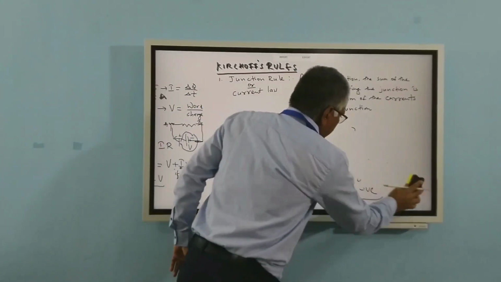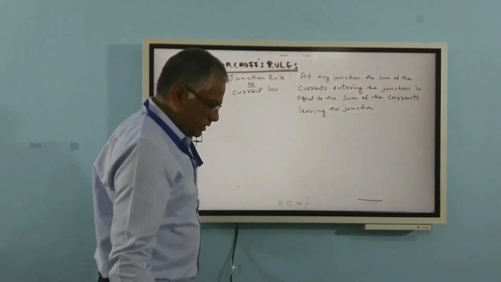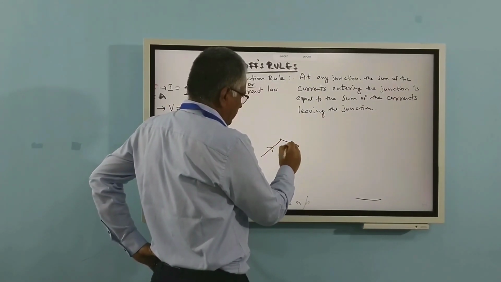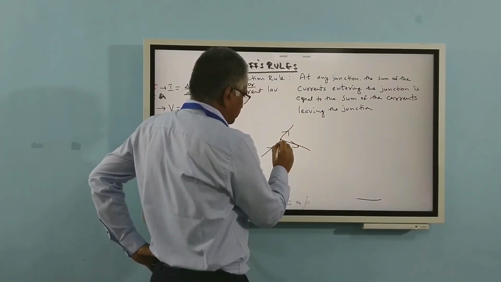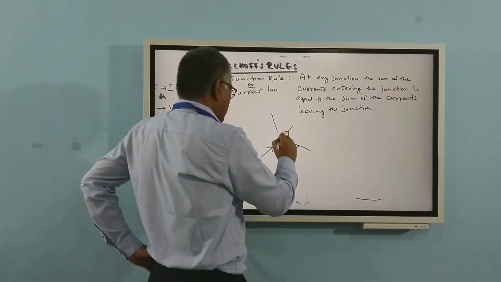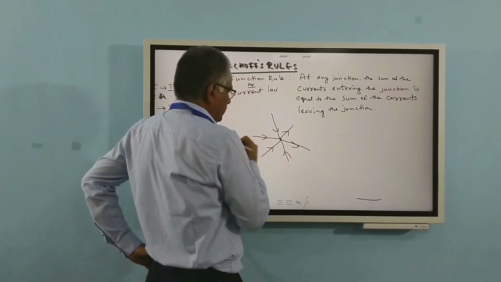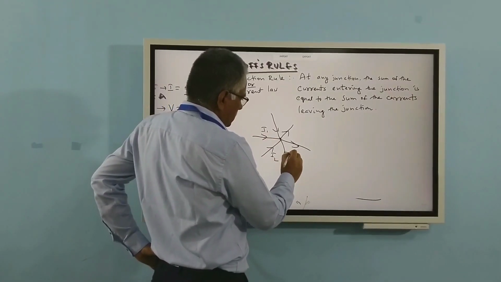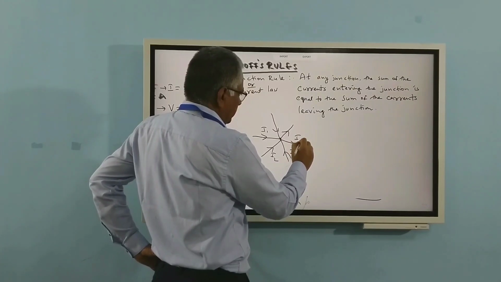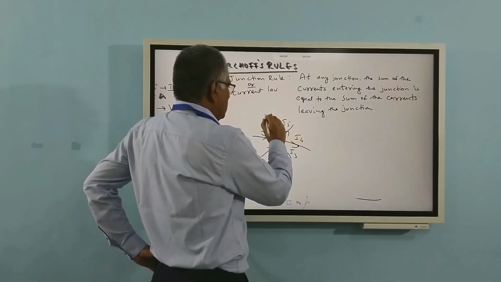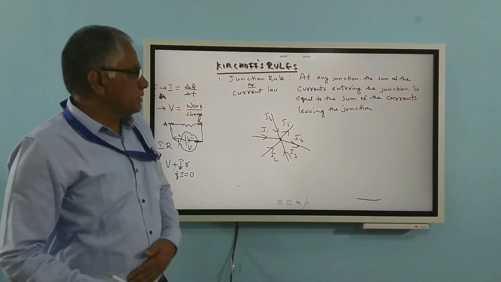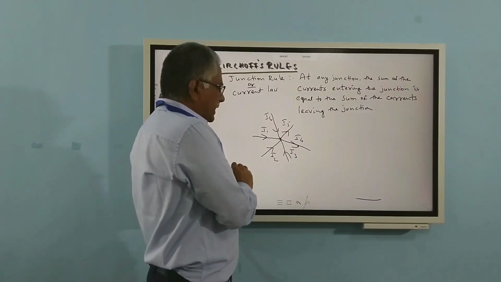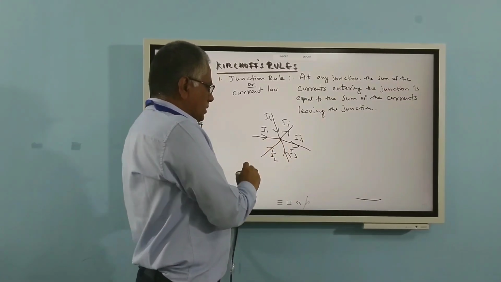Suppose there are more currents present. Let us take a picture here, for example. So many currents are coming into and leaving the junction. Let's take point A here. Currents entering the junction we have taken as positive.